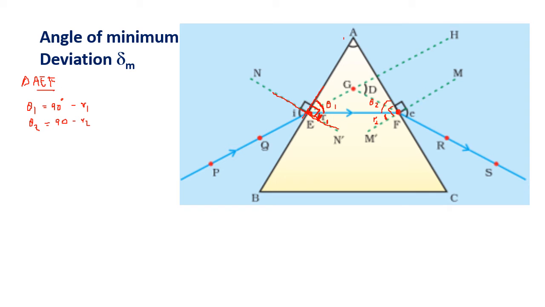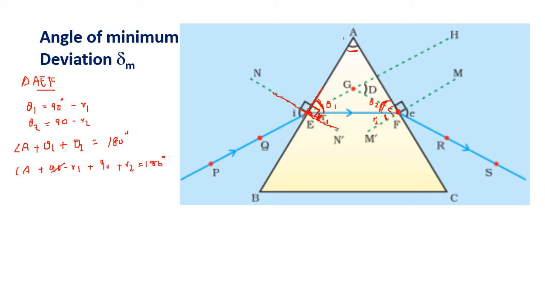Now in triangle AEF, we have angle A, theta 1 and theta 2, the three angles of a triangle. The sum should be 180 degrees. So we have angle A plus theta 1, which is 90 minus R1, plus theta 2, which is 90 minus R2, equal to 180.